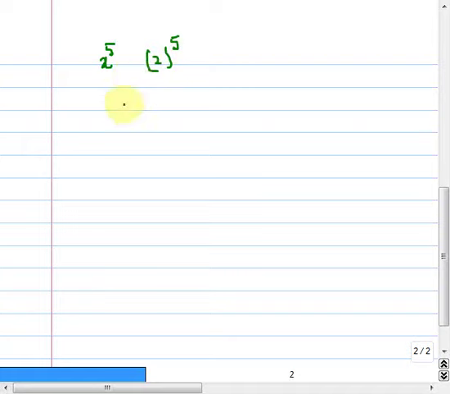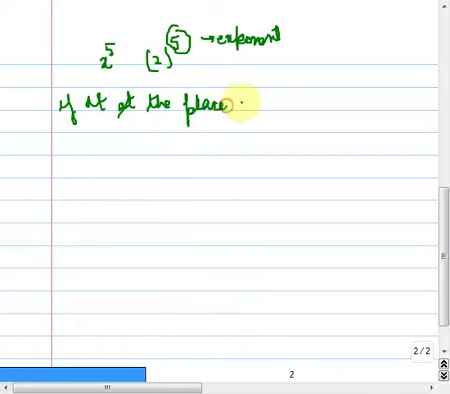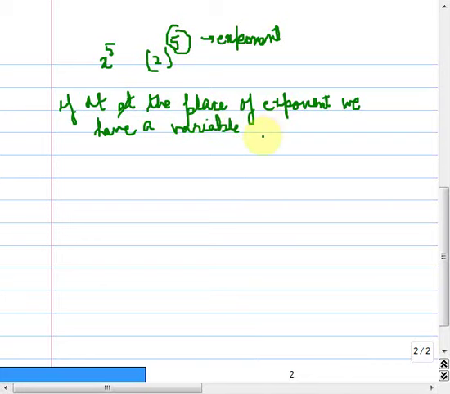Now if at the place of the exponent we have a variable, such form as below.